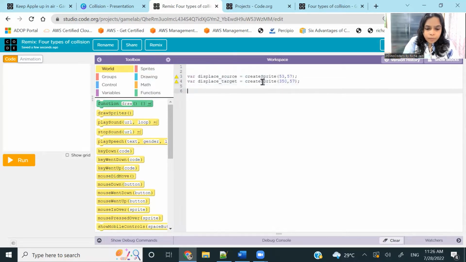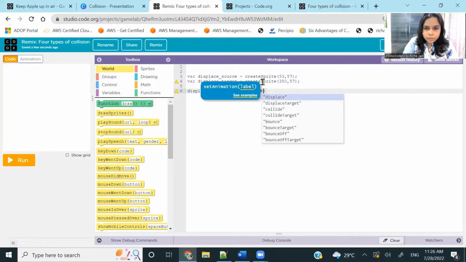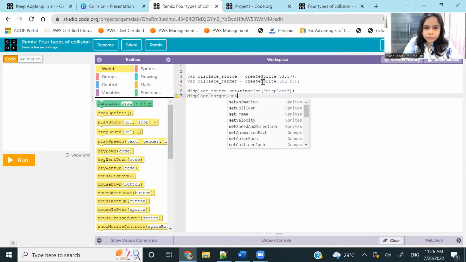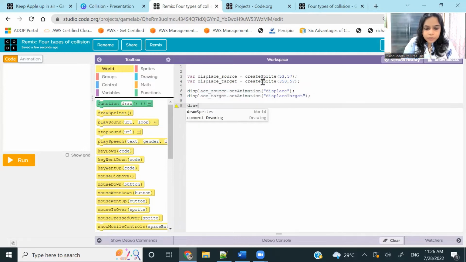Okay, let's give them animation. Displace, okay. And for the other one, that is displace target, set displace target animation and then draw sprites. Let's see how they come up on the screen.